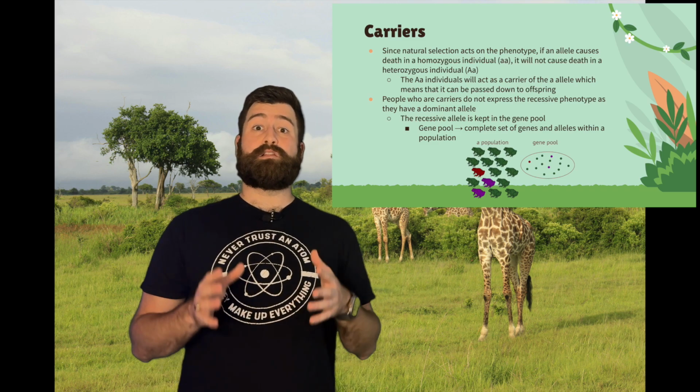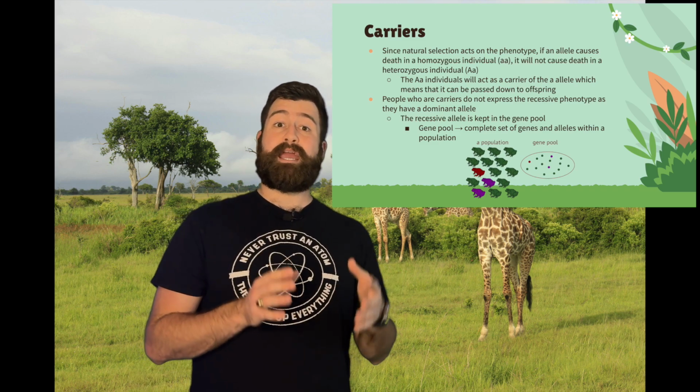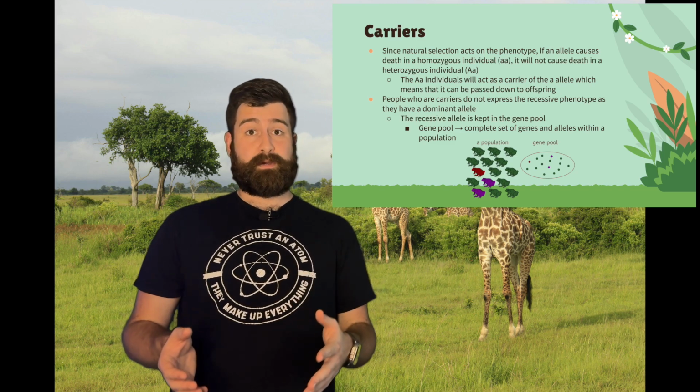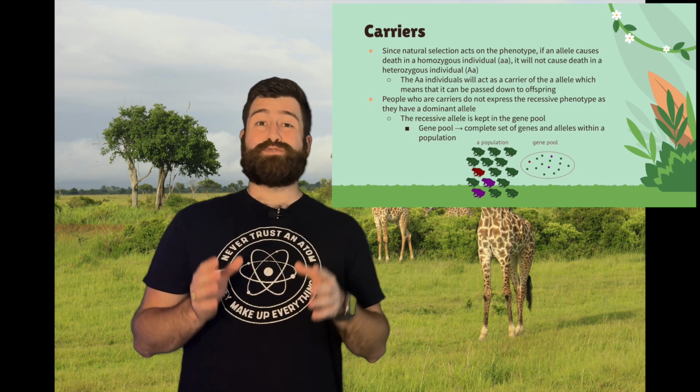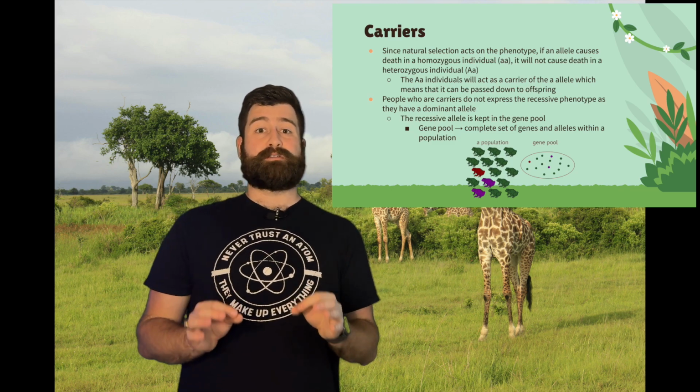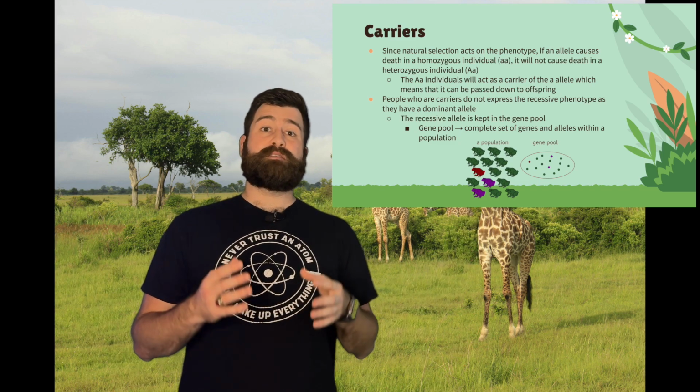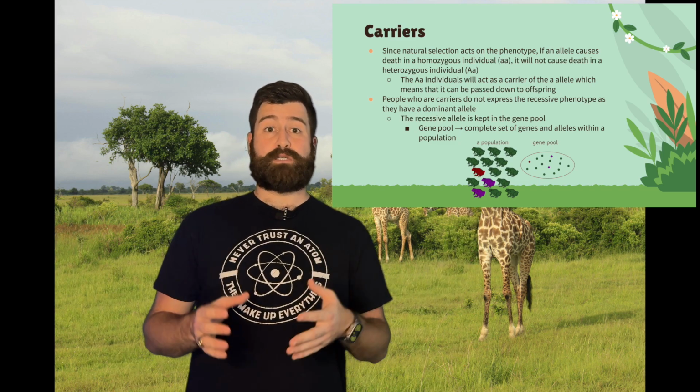The A, lowercase a individuals will act as carriers of the lowercase a allele, which means that it can still be passed down to offspring. People who are carriers do not express the recessive phenotype as they have a dominant allele that takes precedence over it. This means that the recessive allele is kept in the gene pool.